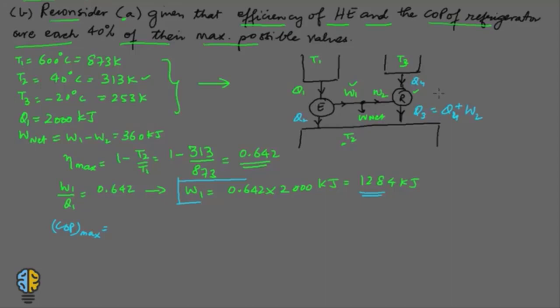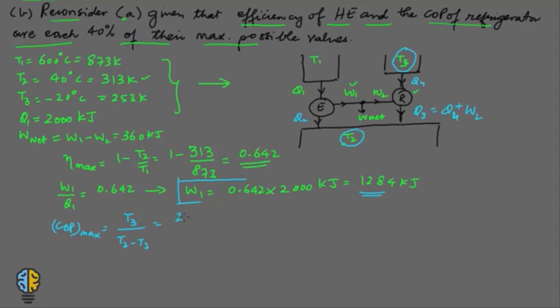Now if you look at the relation of COP, we are concerned with the amount of heat that is being extracted from this reservoir. So it becomes T3 upon the work done. Now work done is a difference of temperature between T2 and T3, so this becomes T2 minus T3.